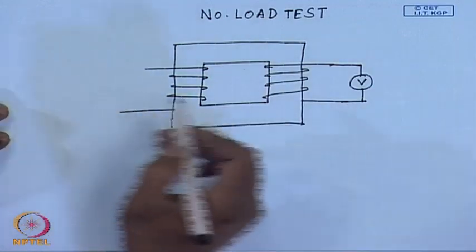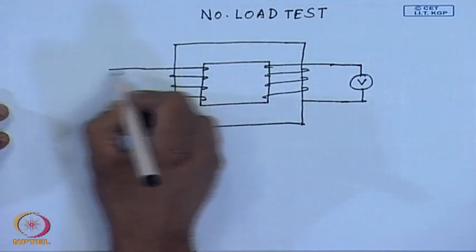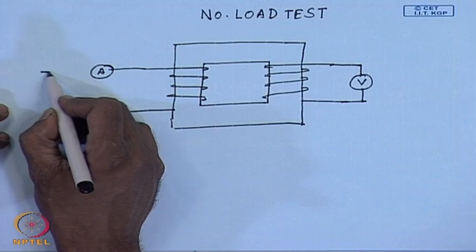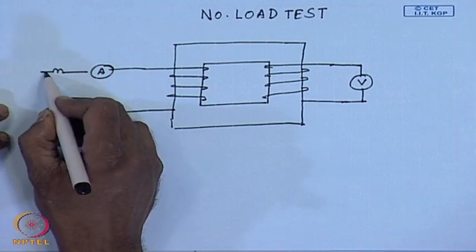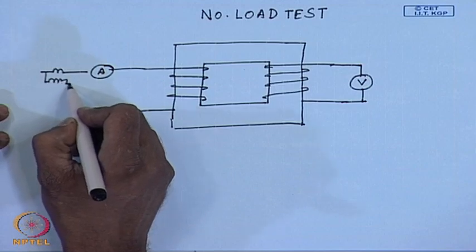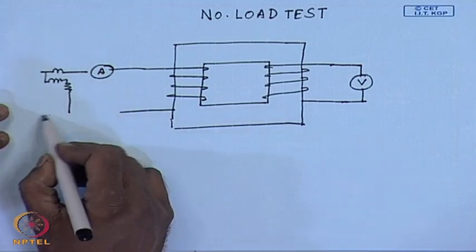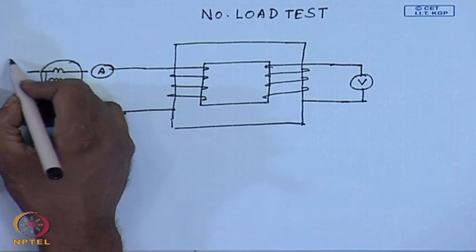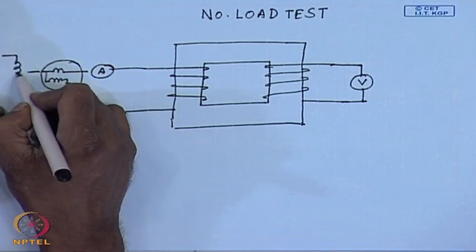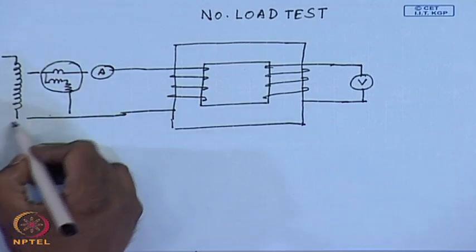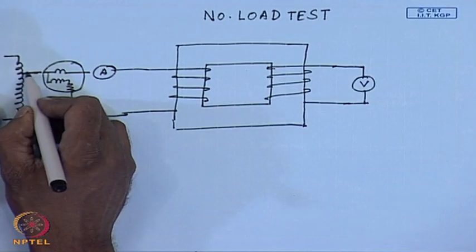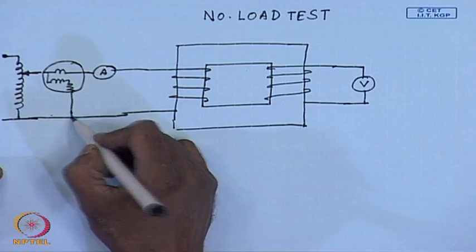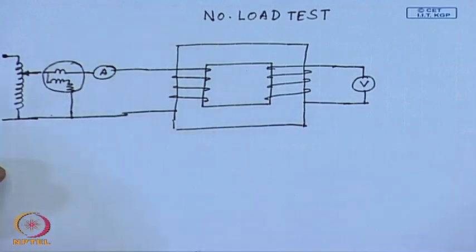On the other side, you connect an ammeter, a wattmeter, and normally supply it from what we call a single phase variac, which can supply at least the rated voltage of this side of the transformer.